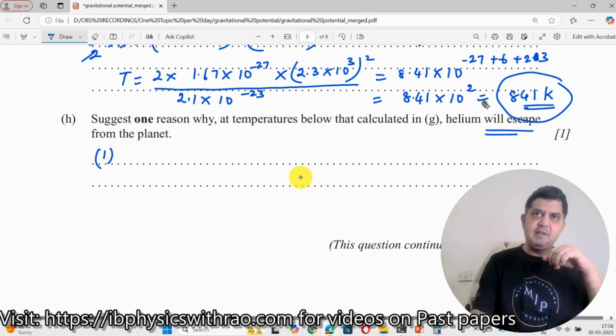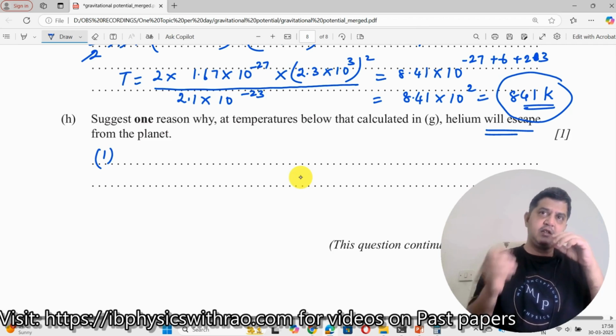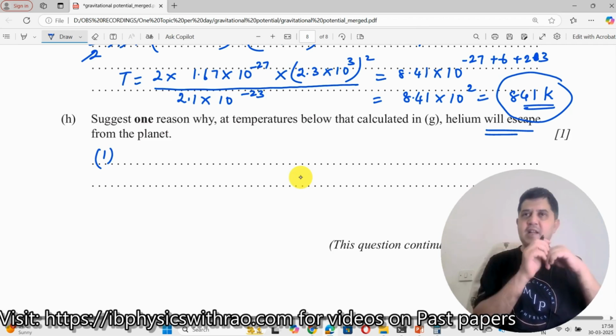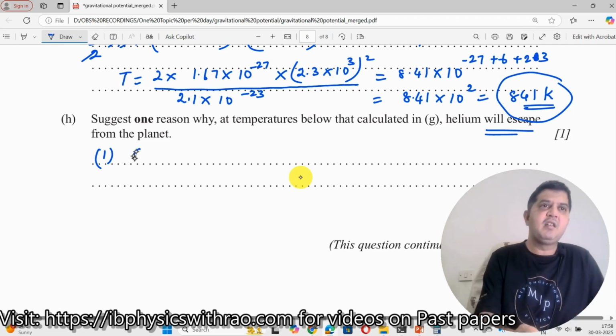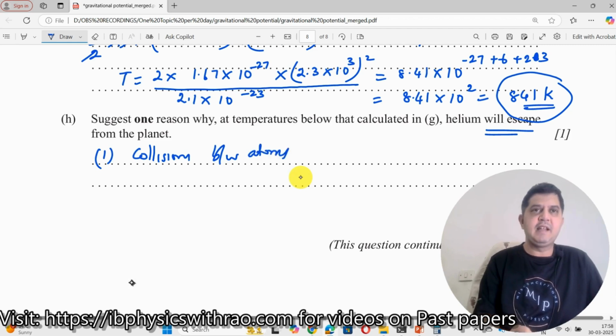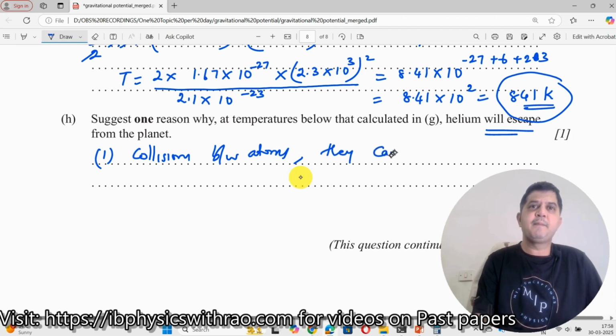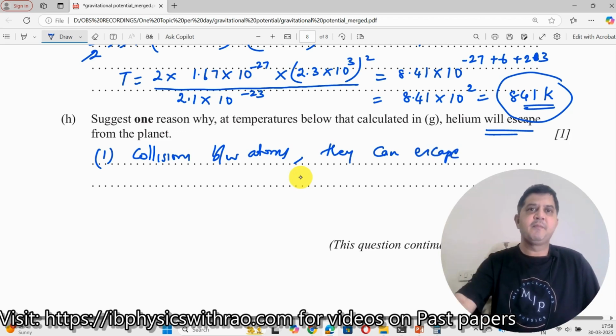But if the helium nuclei temperature is much lesser, fusion will not happen. When fusion does not happen, then what happens? There are a lot of collisions between the atoms, and as a result of it, they can escape. It's one of the reasons you can say.